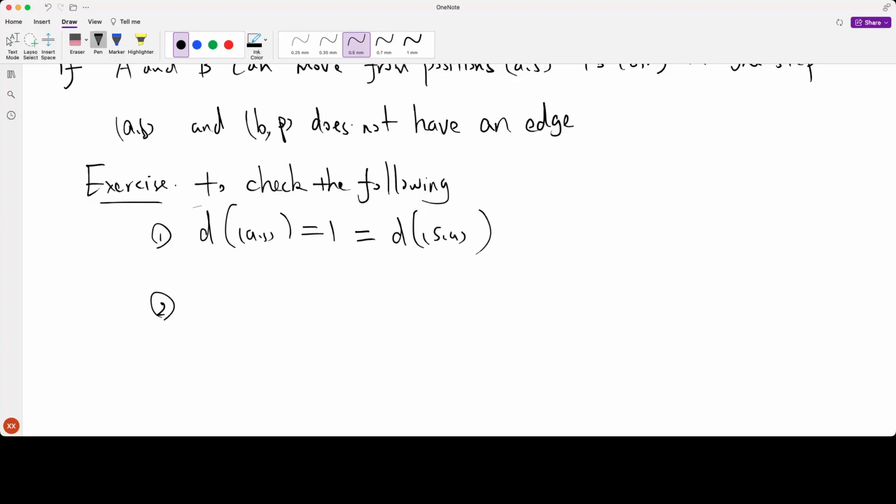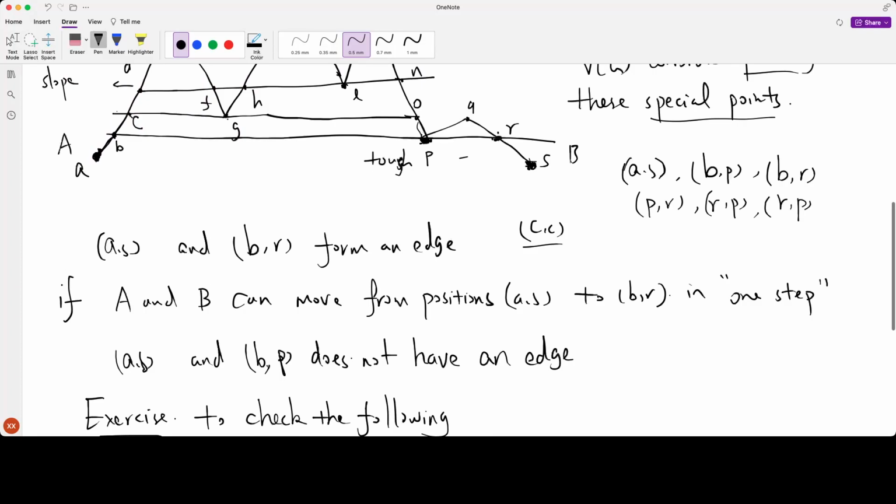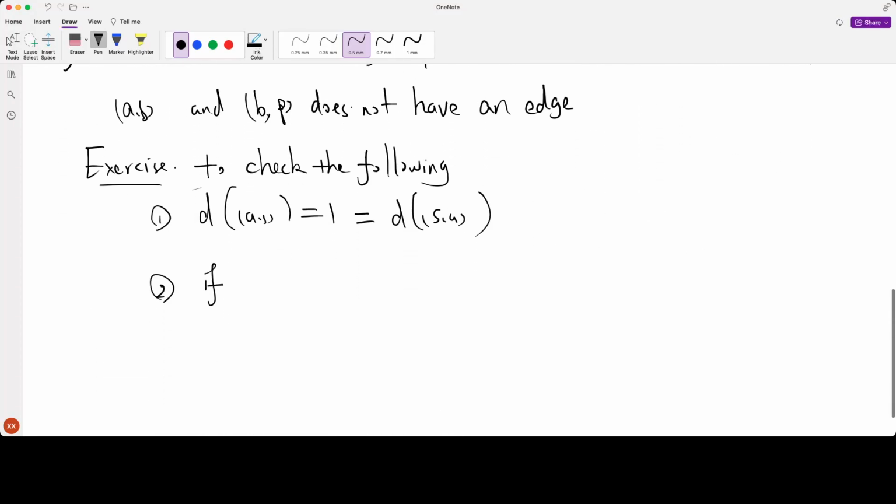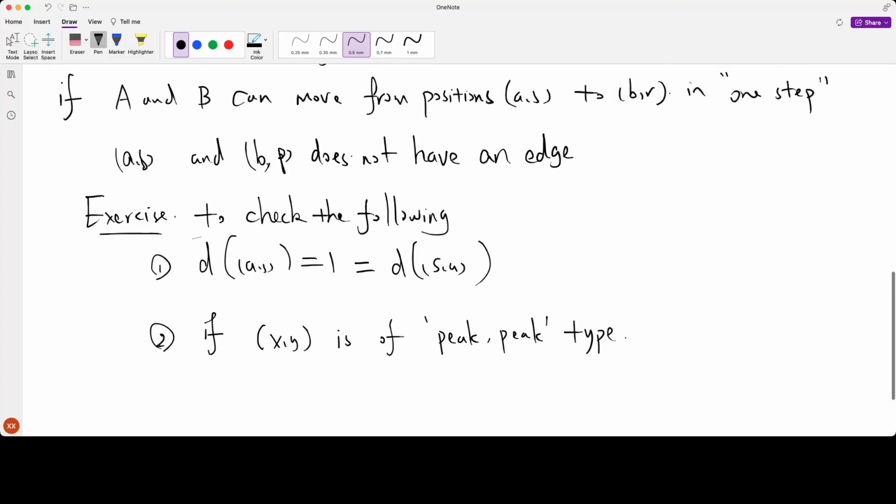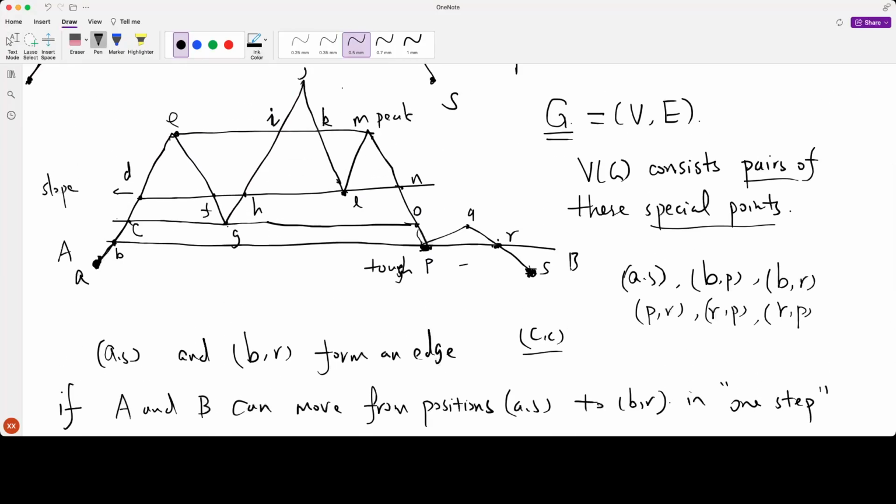Another thing is that, let me look at these two positions. For example, I have a vertex xy. If xy is of peak type, in this case, EM. So the EM pair is peak type.